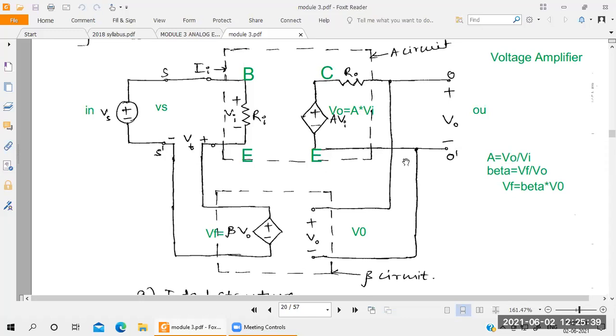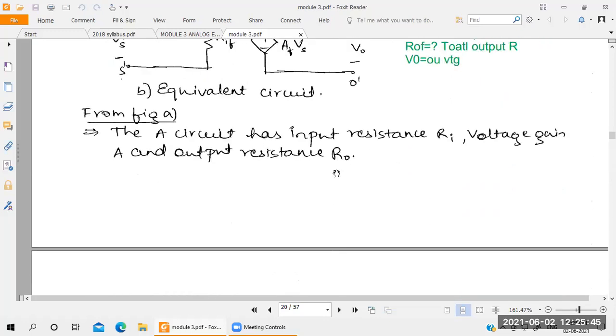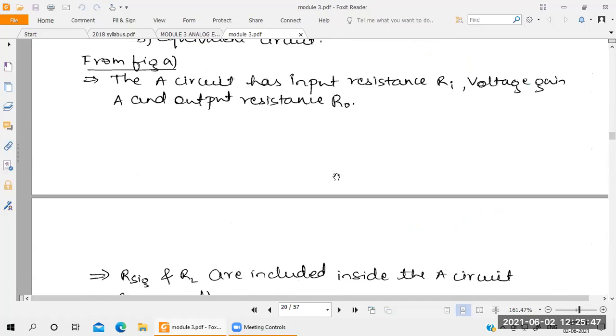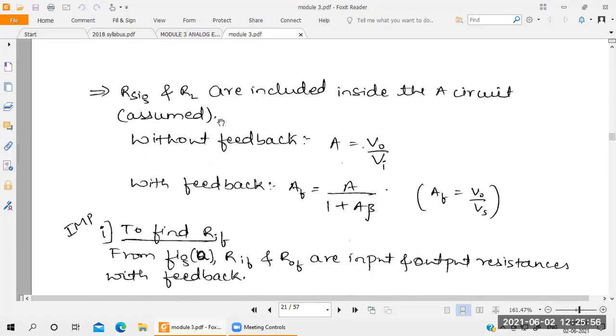So this is the equivalent circuit. After writing the equivalent circuit, you write the equations for the input resistance Ri and output resistance R0. Here R signal and RL are included in this side of the A circuit.